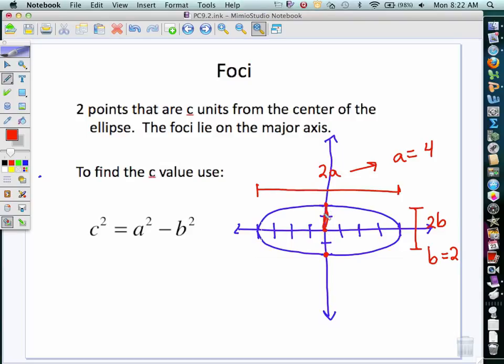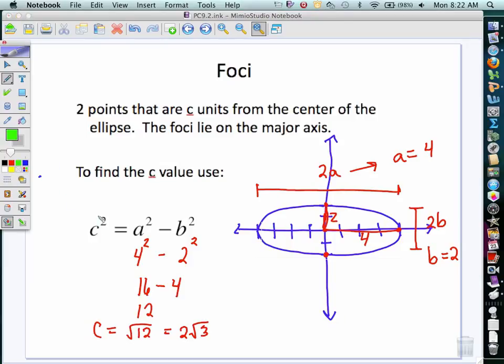The distance between the center and the covertex is 2, and the distance between the center and vertex here is 4. So we know a is 4, b is 2. Or a squared would be 4 squared minus b squared is 2 squared. So 16 minus 4 is 12. So c would equal the square root of 12, which is 2 square roots of 3.